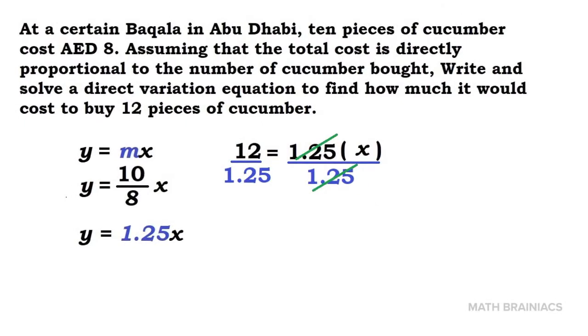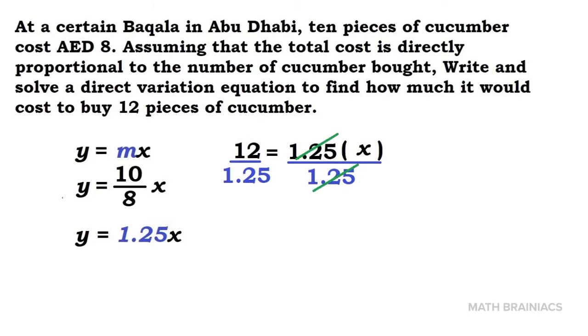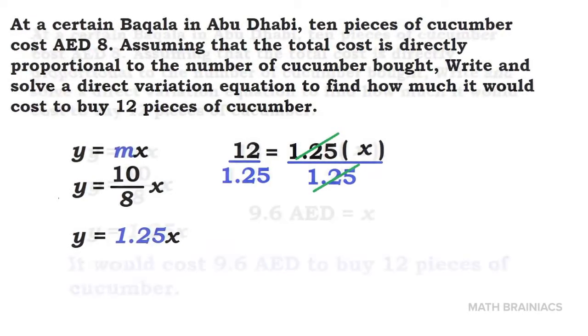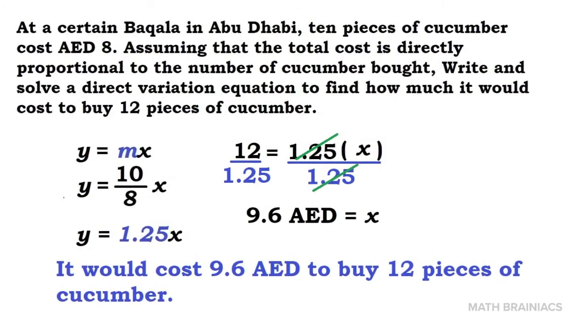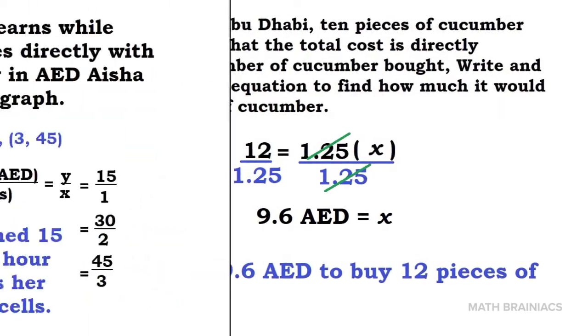And we can cancel out 1.25 on the right side. Subsequently, we can work on x, which is 12 over 1.25, which will give us 9.6. Therefore, it would cost 9.6 dirhams to buy 12 pieces of cucumber.